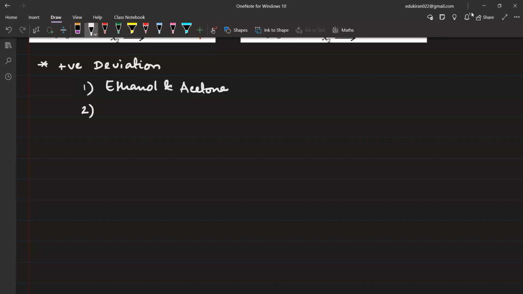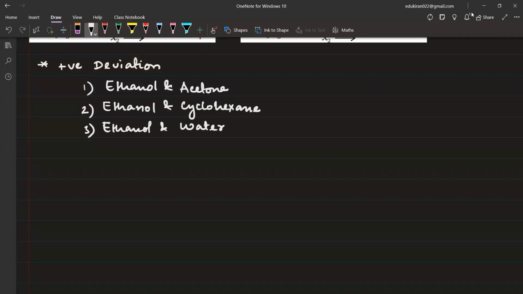Secondly, you can add ethanol and cyclohexane. Third, you can write ethanol and water. All of these are examples of positive deviation.